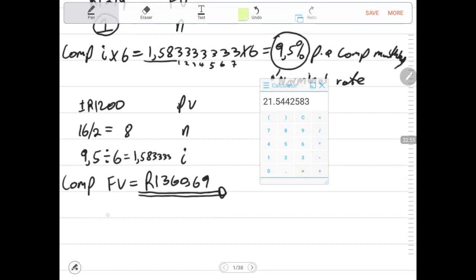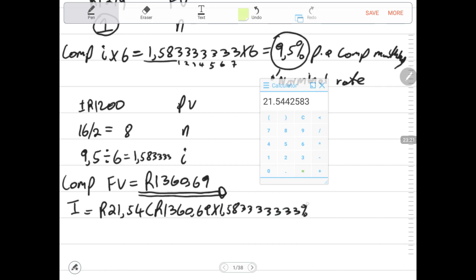Now I will verify it using another approach. Our interest is equal to 21 rand 54 cents, which is 1,360.69 times by 1.58, percent, meaning divide by 100. Don't forget that. Then this is what we get.